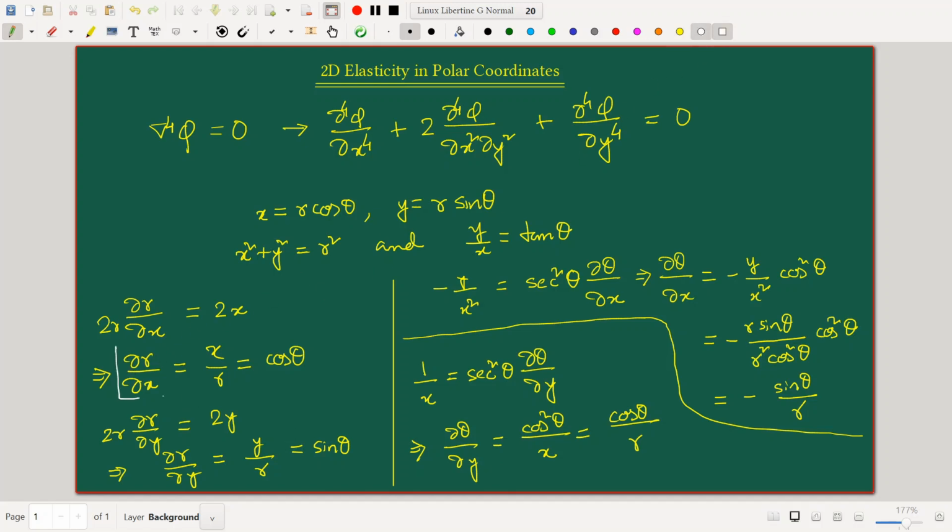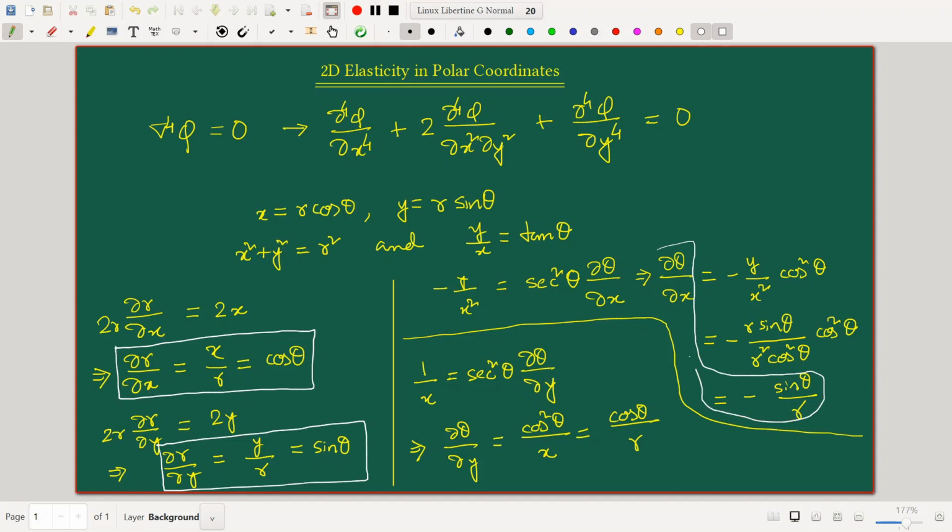This is our del r del x, just the cos theta. We have the del r del y, which is just the sine theta. This is our del theta del x, and this is our del theta del y.